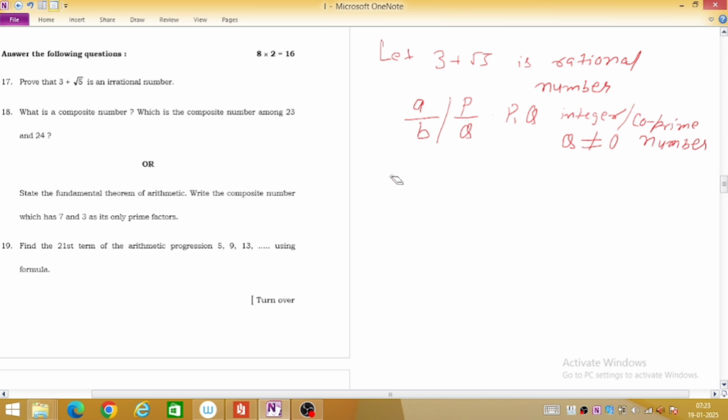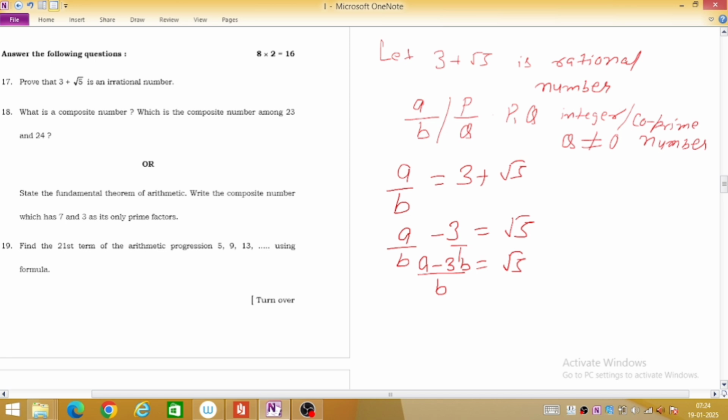Then here you start: what is a rational number? A rational number is always of P by Q form. Then here A by B equals 3 plus root 5. A by B, this side comes 3, this side root 5. Here you write A minus 3B by B equals root 5.